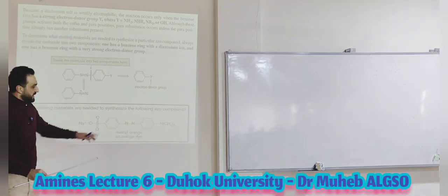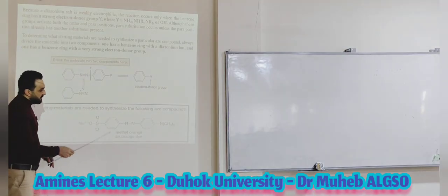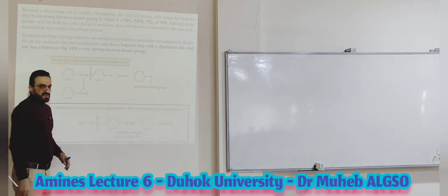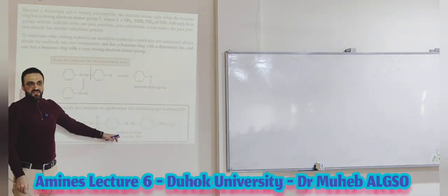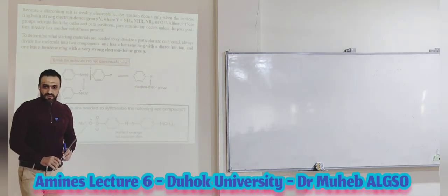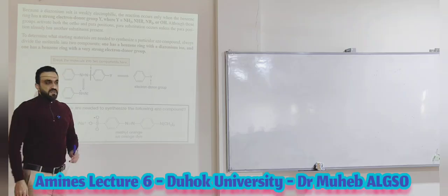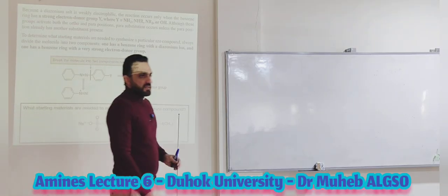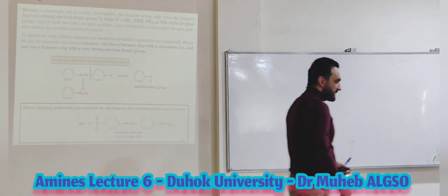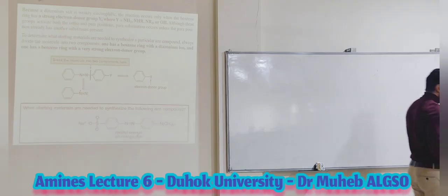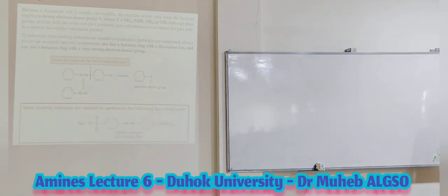Okay? With high percentage. Of course, this compound is methyl orange. I think you used methyl orange in the analytical lab, yes? If you remember, this is the methyl orange. Methyl orange is a compound synthesized this way. Do you understand?